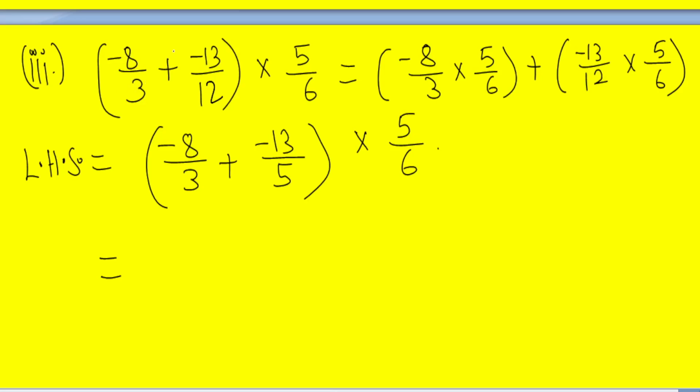Minus 8 upon 3 plus minus 13 upon 12, under bracket, multiplied 5 upon 6 is equal to, under bracket, minus 8 upon 3 multiply 5 upon 6 plus, under bracket, minus 13 upon 12 multiply 5 upon 6. Done. Now see here, here it is 12.